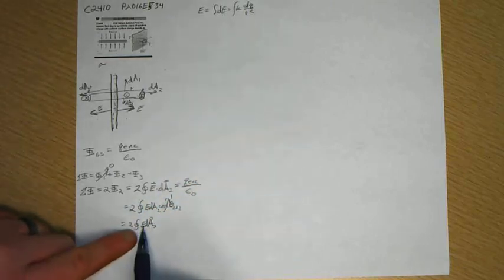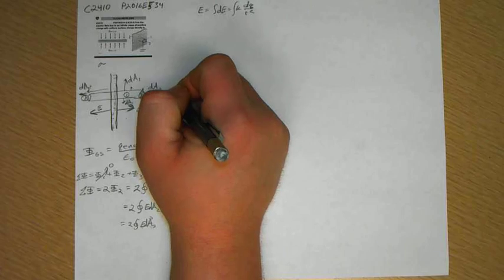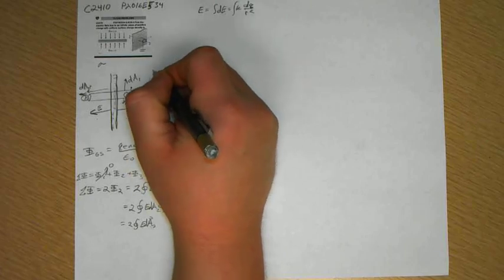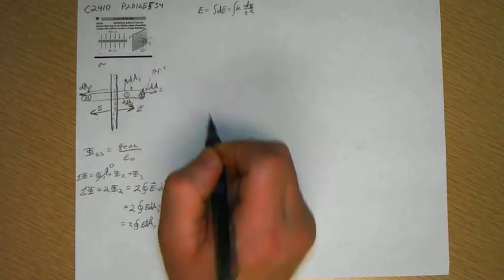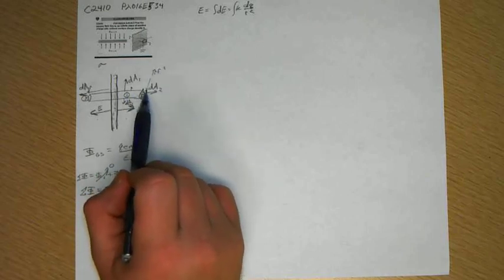But we also know that E, what does A depend on? Well, the area of the circle is just pi r squared, where r is the distance from the sheet to that surface.